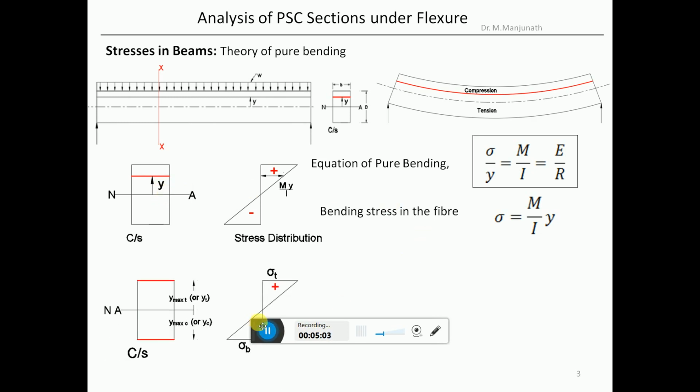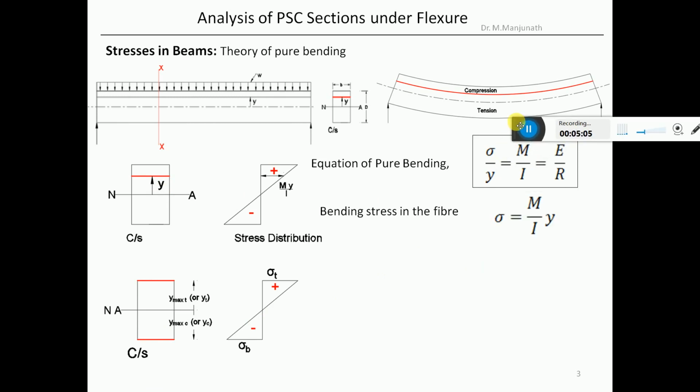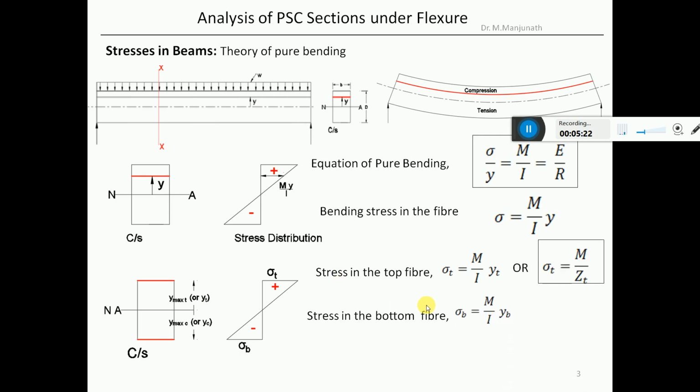Now we know that the stresses are maximum at the outermost fibers, the top and bottommost fibers, and these stresses can be obtained by substituting the corresponding distances. So accordingly, we have these expressions for the stress in the top and bottom fiber.